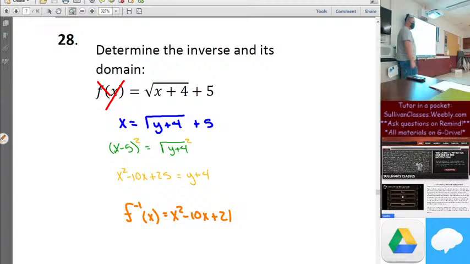What is its domain? If I was looking at only the inverse function of a parabola, I would say all real numbers. But we have to remember that when I swap x and y, I swap domain and range. So what's the domain of this guy?